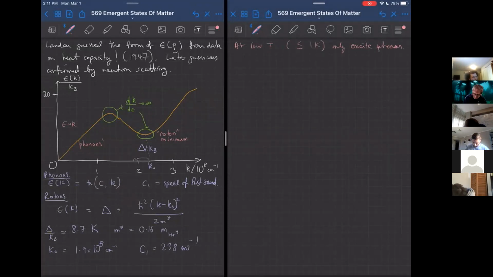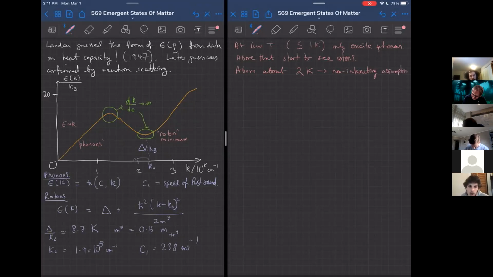And then above that, you start to see the rotons. And above about 2K, what happens above 2K? Well, you get so many things excited that the idea that these quasi-particles are non-interacting breaks down. So above 2K, the non-interacting assumption is badly wrong.